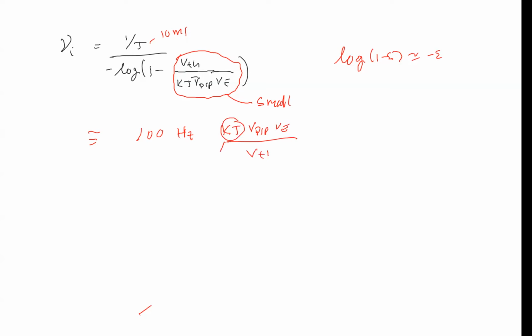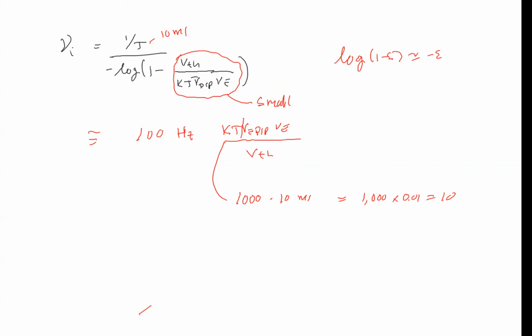So this number is about 100,000 times 10 milliseconds, which is 1,000 in seconds, times 0.01 equals 10. K tau nu EPSP over VTH.